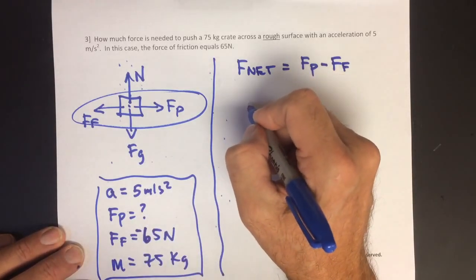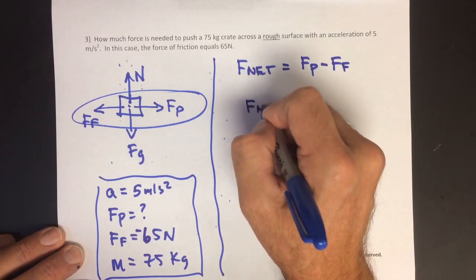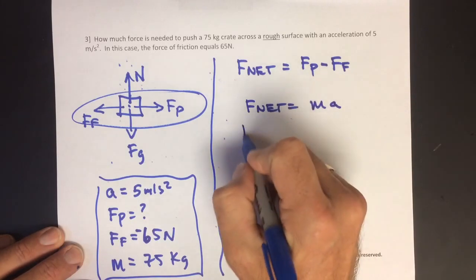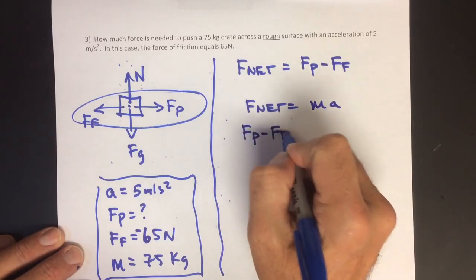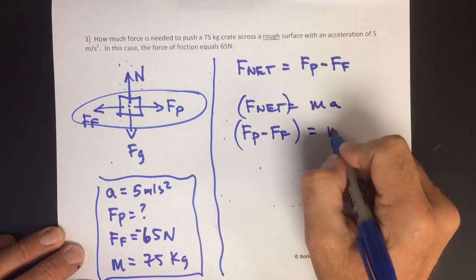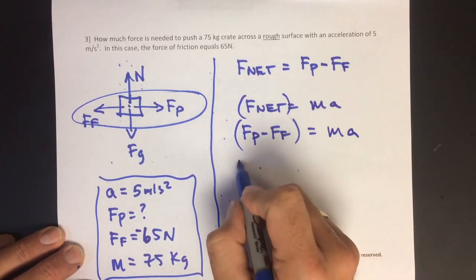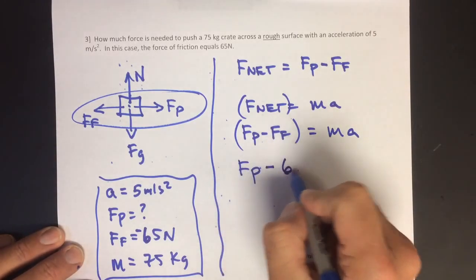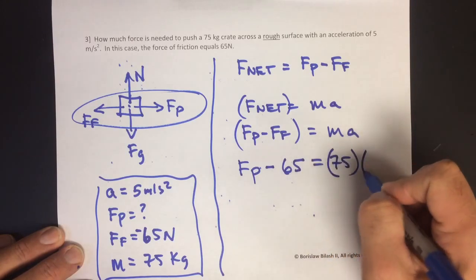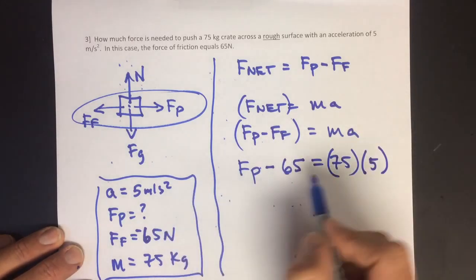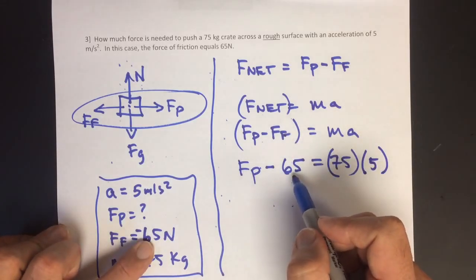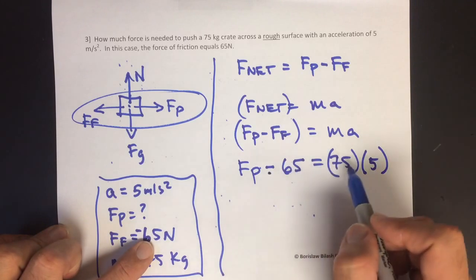So now we write the formula. F net is equal to MA. F net is equal to Fp minus Ff. We've just substituted that. And that's equal to MA. Fp, I don't know. Minus 65 is equal to 75 times 5. Look to see where I got these numbers from. Ff is 65 newtons, and it's in a negative direction.